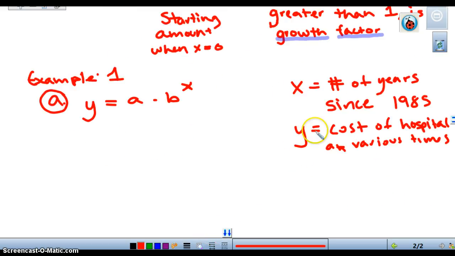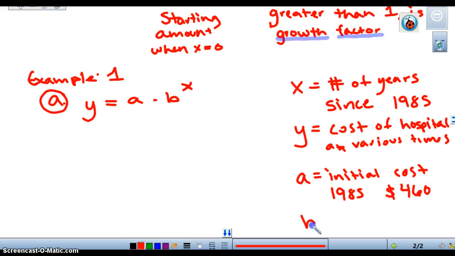So what about a? A has to be what? The starting amount, the initial cost. When was the initial cost? In 1985, right? Do you remember what that amount was? 460. What about b?